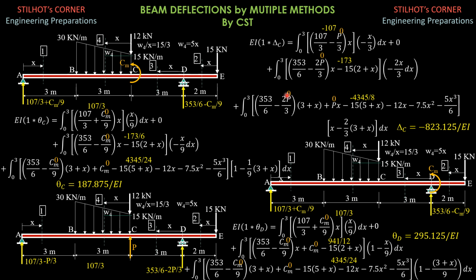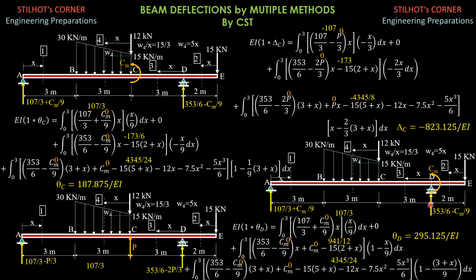Then the derivative of this moment equation with respect to P is x, then minus 2/3 of 3 plus x dx. Integrating and setting P 0 prior to integration, the value of the integral is negative 4045 over 8. Then combining with negative 173 and negative 107, the deflection at C is negative 823.125 over EI.